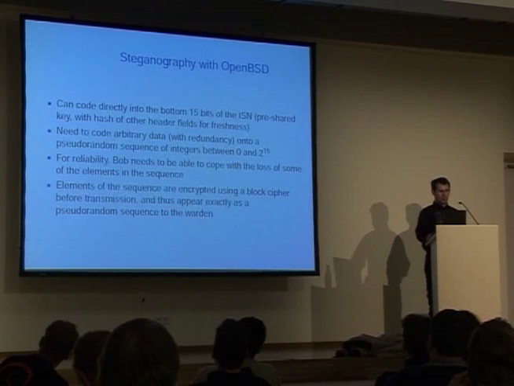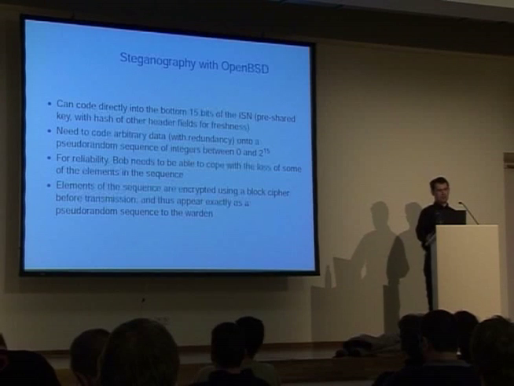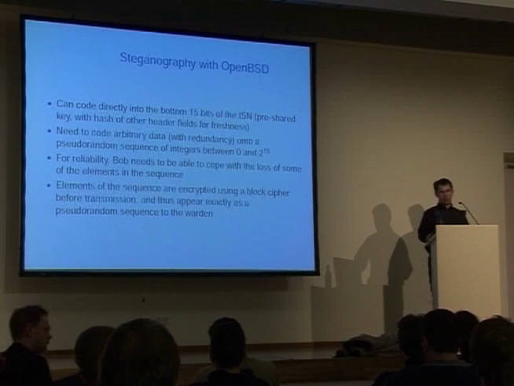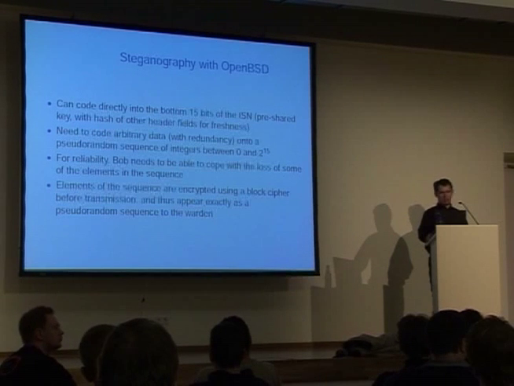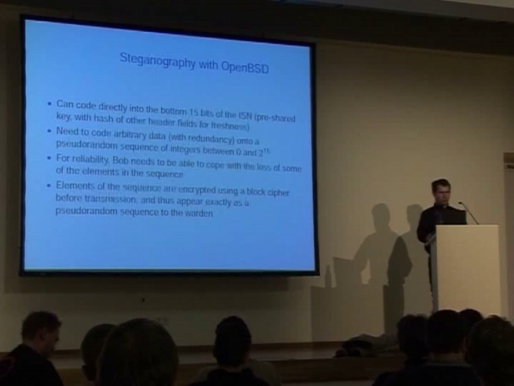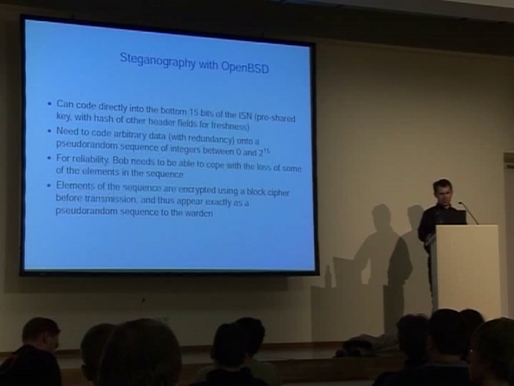The guarantee that a block cipher gives you is there's never going to be repetitions, whereas if you're encrypting different messages, if you encrypt the same message twice with the same initialization vector, you will get the same thing out, and that should never happen. So what you have to do is encode arbitrary data into a pseudo-random sequence, such that there's no duplicates.